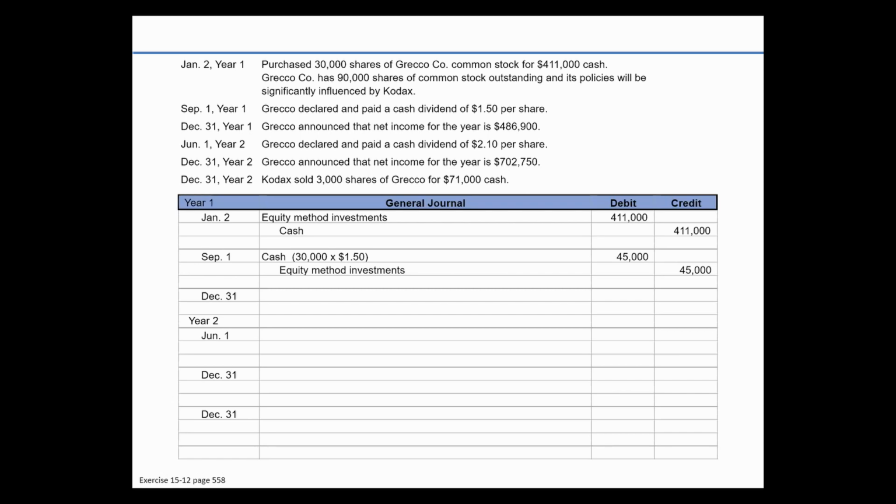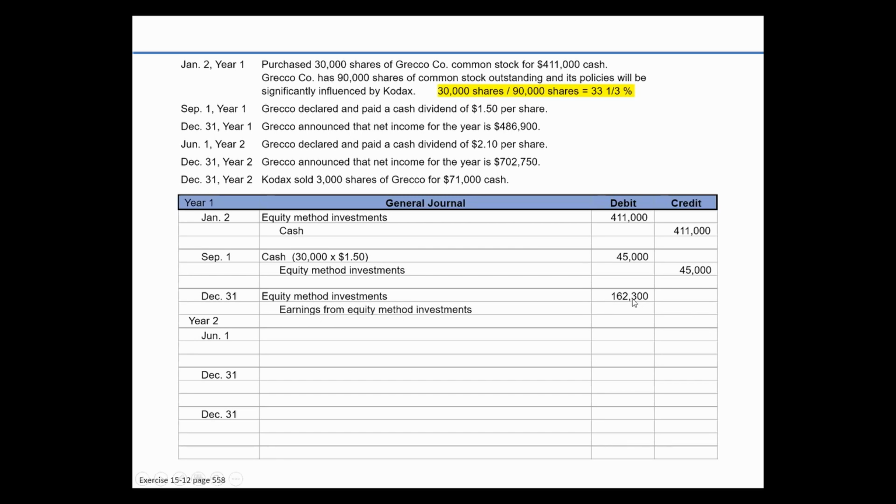And so because of that, what happens at Greco does affect Kodak's, because we see here that Kodak's owns 33.33% of Greco. So on December 31st, Greco announced that they had a net income for the year of $486,900. So we would have a debit to the amount for equity method investments for $162,300.